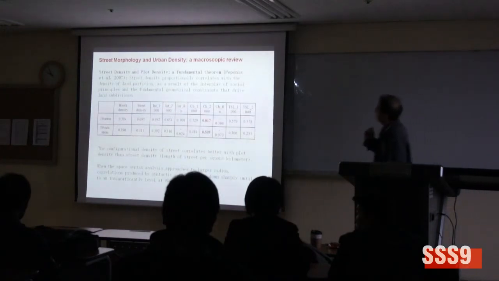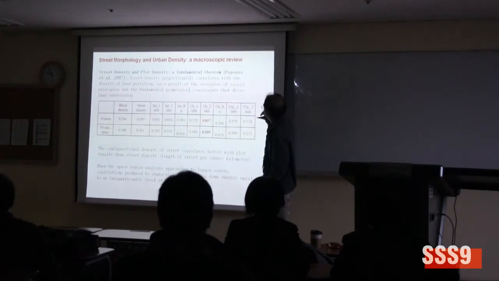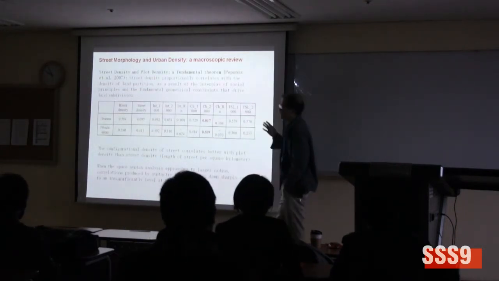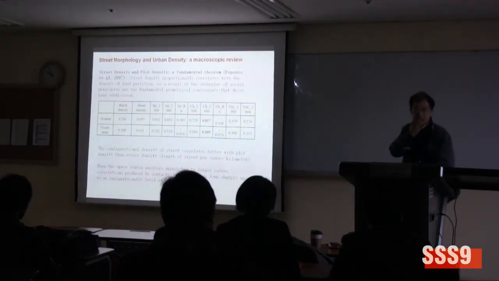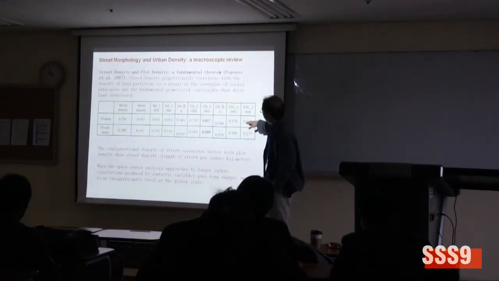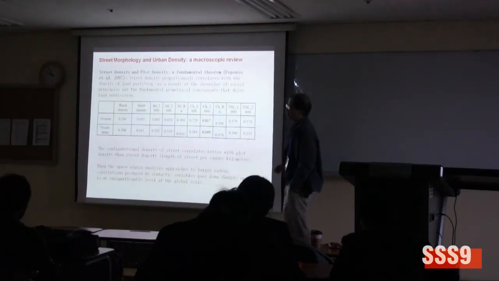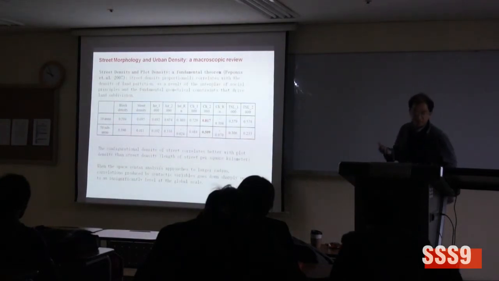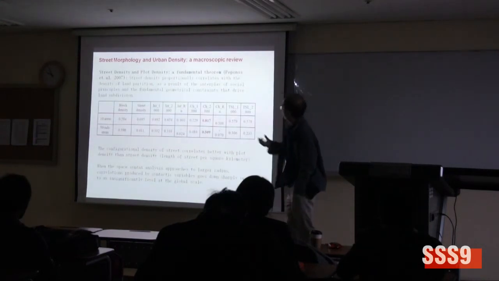To be brief, at first, at the macro level, this table shows the correlation between street density and plot density. And you can see that, either for the 10 areas or the 50 sub-areas, every morphological factor is correlated strongly with plot density.